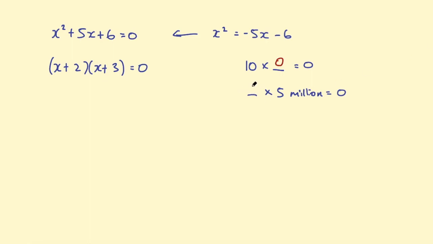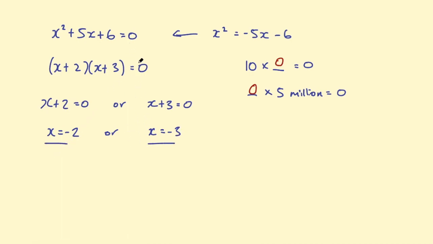What would this number be? It has to be 0. So we use that fact to find the solutions to this equation. So either x plus 2 equals 0 or x plus 3 equals 0. One of them has to equal 0 because we're multiplying them together to get 0. And then we can say that x equals minus 2 or x equals minus 3.